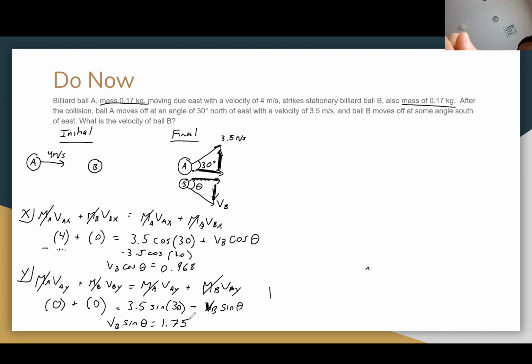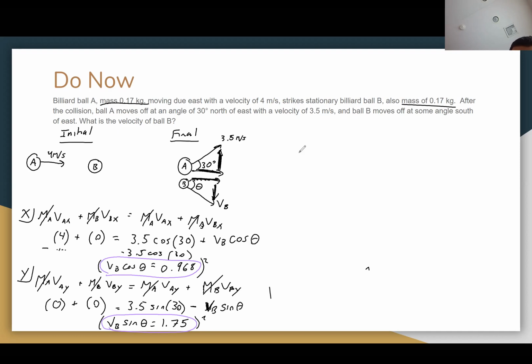So now we have our two equations with our two unknowns, and we can do that trick where we square both equations and add them together.